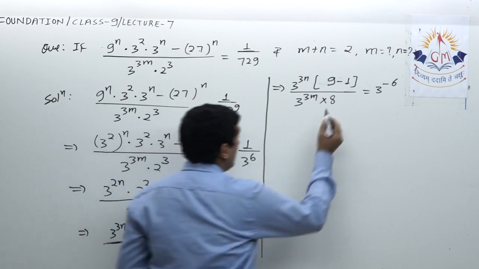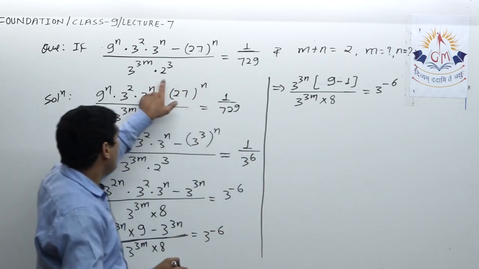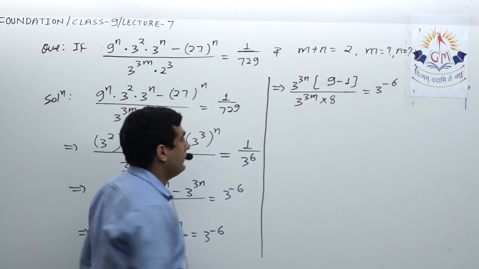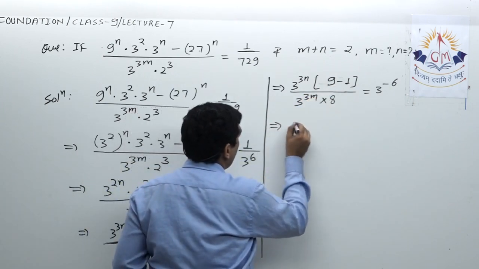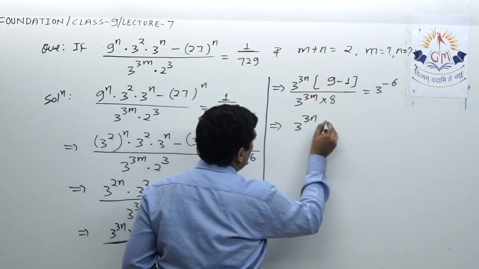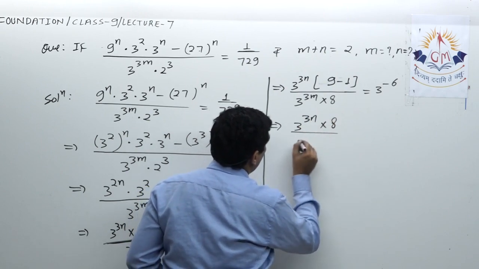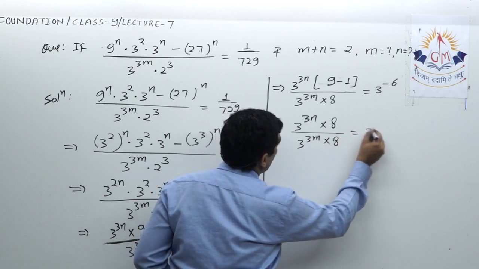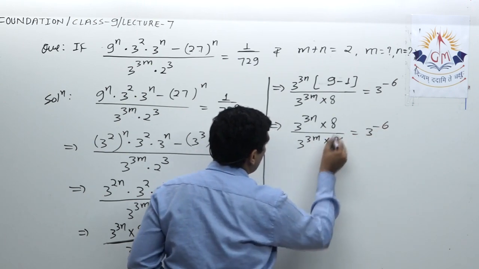Okay, so now see, 8, that we were thinking what we will do of this 8, this will cancel with this 9 minus 1, 8. Here I will get 3 raised to 3n into 8 upon 3 raised to 3m into 8 is equal to 3 raised to minus 6.